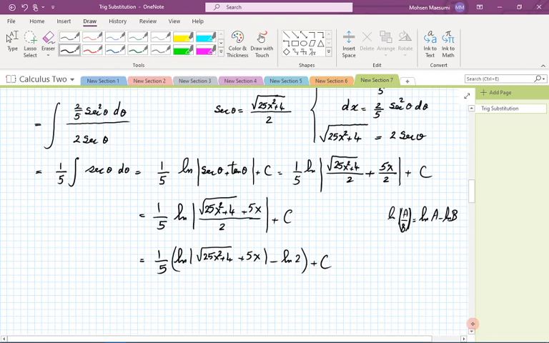Well, 1/5 of the logarithm of 2 subtracted from this constant will be some other constant. So I might as well merge my constants, and combining these constants I can write something else.